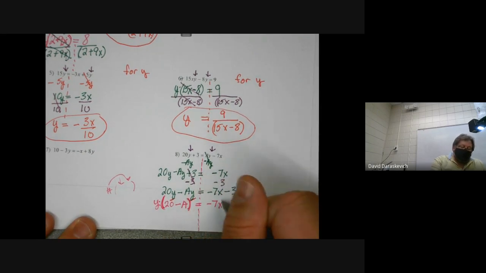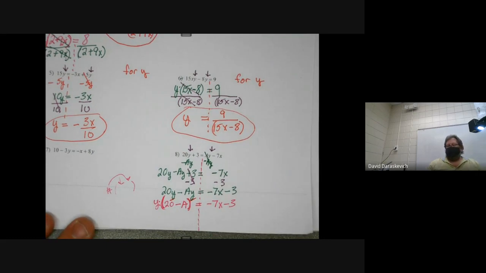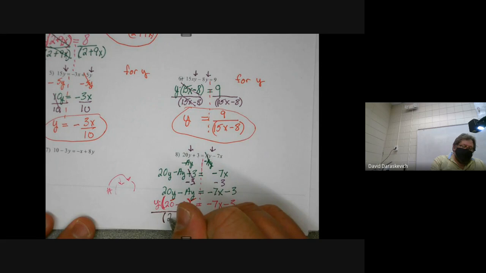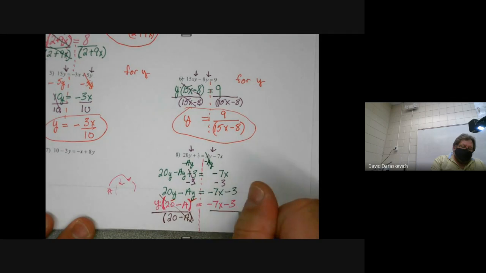And I'm just going to rewrite what's on the right-hand side. Since I have one term and the mathematical operation is multiplication, guess what I get to do? Divide by the number I don't want, which is 20 minus a. That cancels, but remember, whatever I do to one side, I have to do to the other.